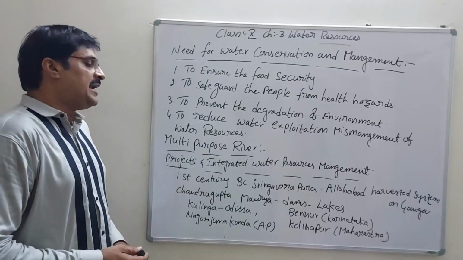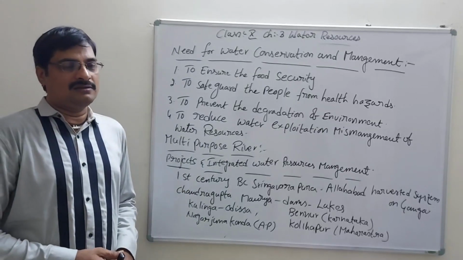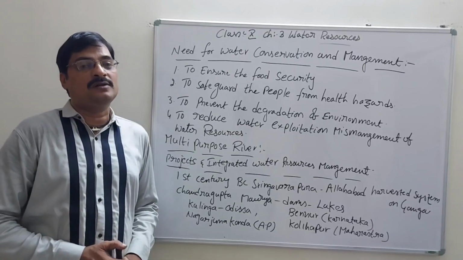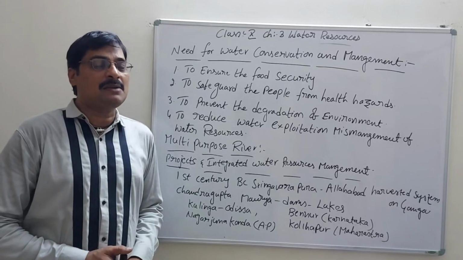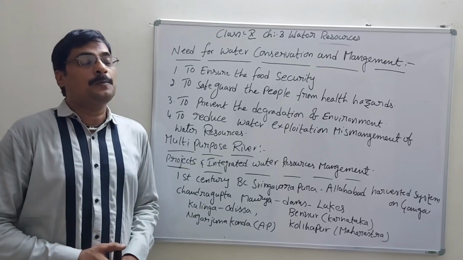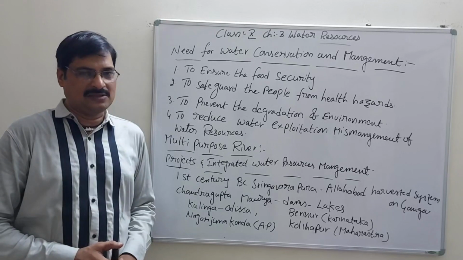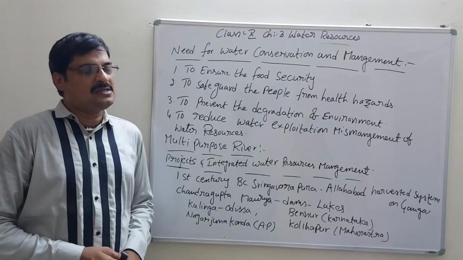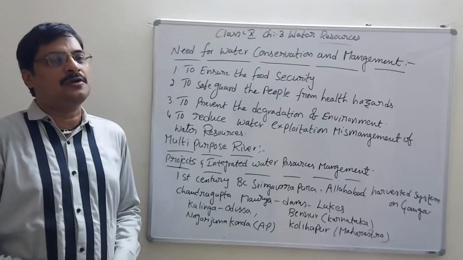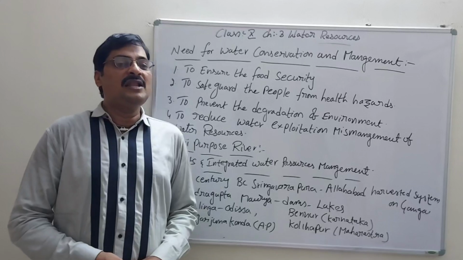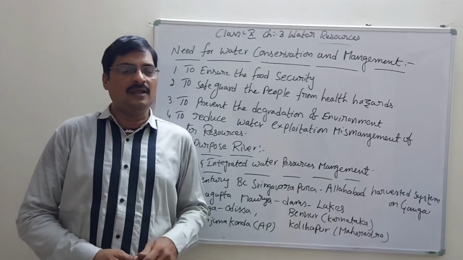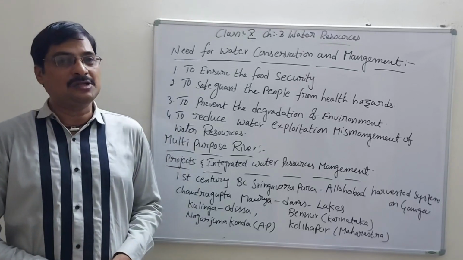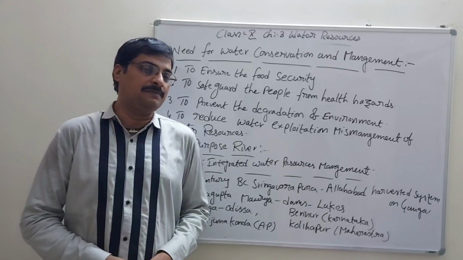Even though projects and technology were not developed at that time, people wanted to protect the water through tanks and wells. Nowadays wells are available mostly in villages. Wells were arranged near agricultural fields for irrigation purposes.